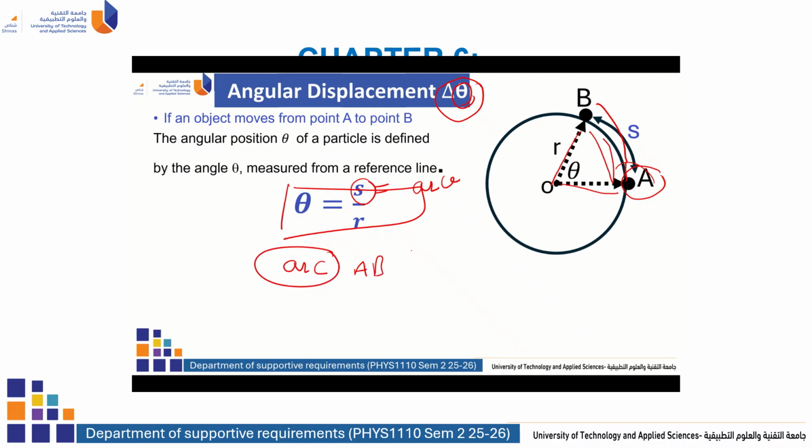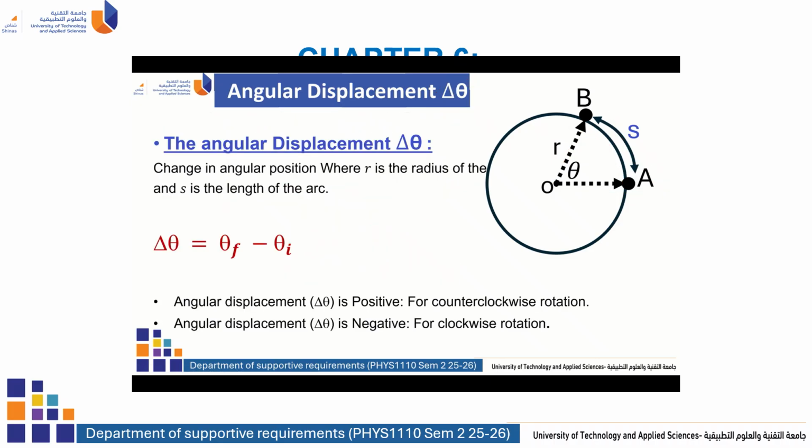Arc AB means the length of that part on the circle, and here it is denoted by s, and theta is equal to s over r. So here we have two formulas for the angular displacement, and this is rule number 1, and this is rule number 2.